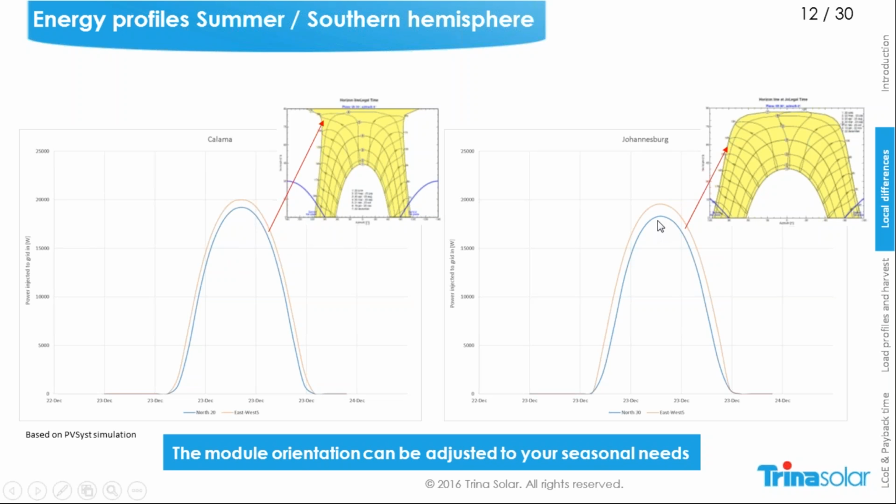In Johannesburg, it's a little bit more extreme. And even the curve is wider. That means, especially during summer, if you have, as already mentioned, a high demand, for example, for air conditioning, then the east-west could be a very good option in this region because you have a much better energy harvest, and then you can directly use the energy.